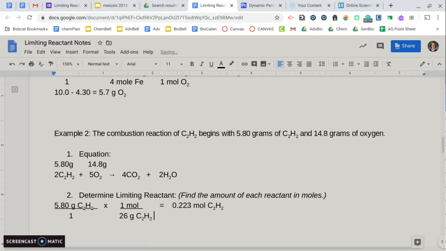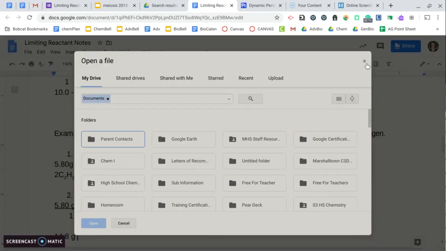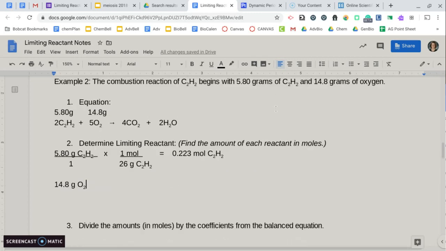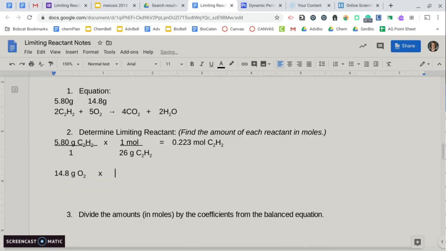Okay, and then same thing with the other one. Okay, and then divide that one by the mass. Okay, so I got 0.464.